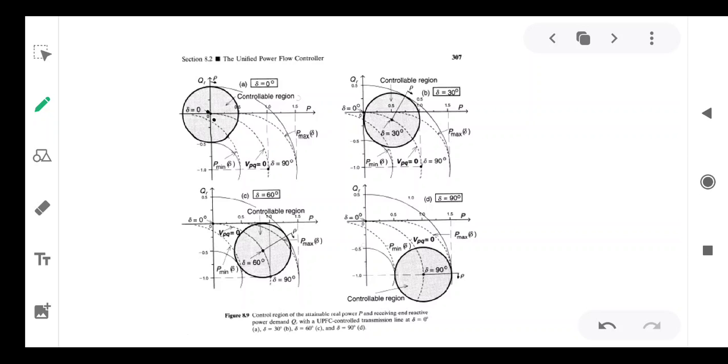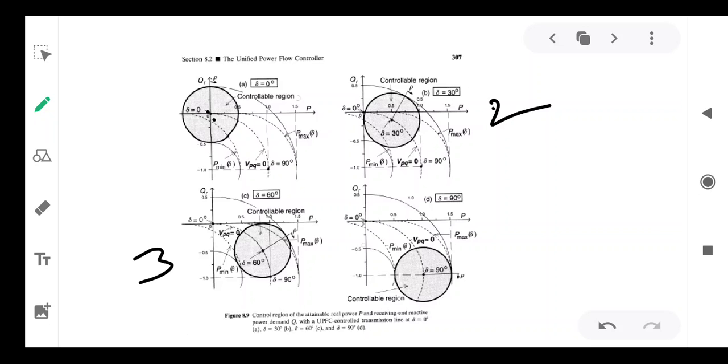When delta varies to plus 30 degrees, the control region will shift towards the right, and this is the second case. In the third case, when delta is equal to 60 degrees, the control region is still away from the origin.